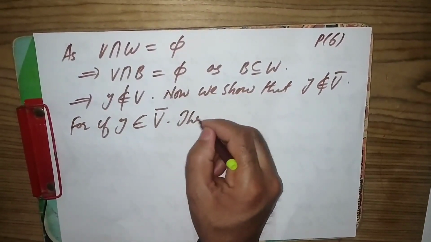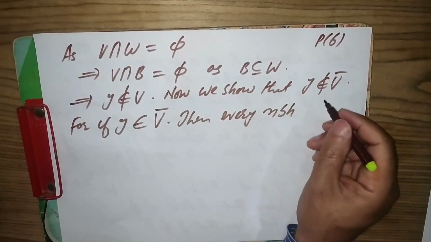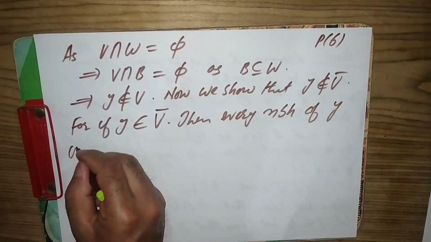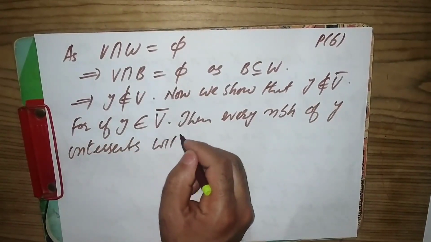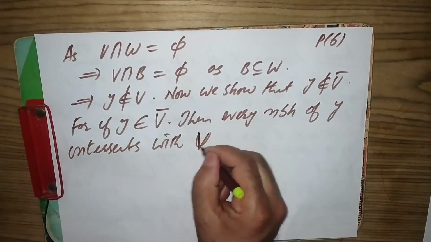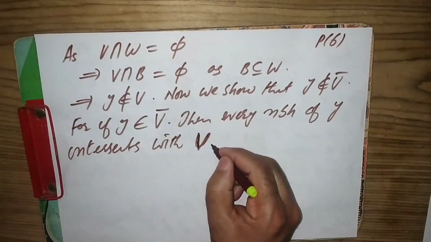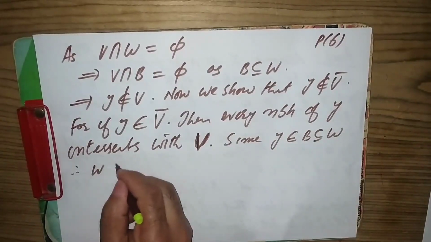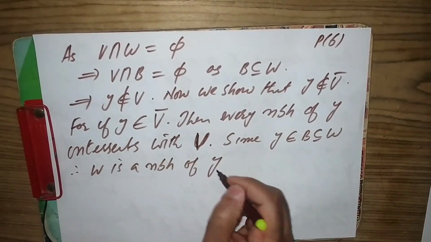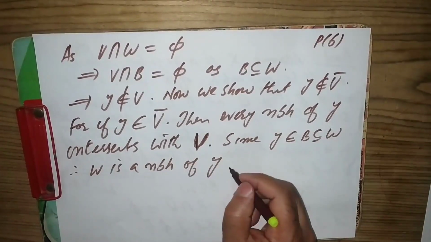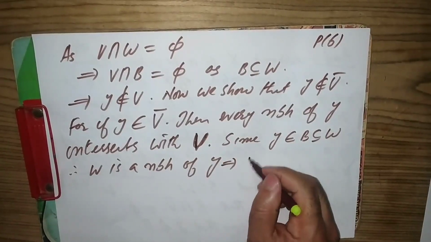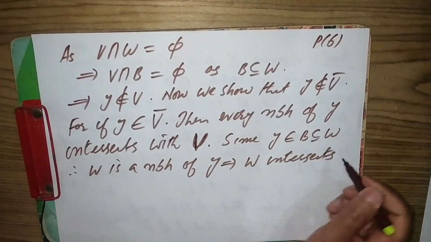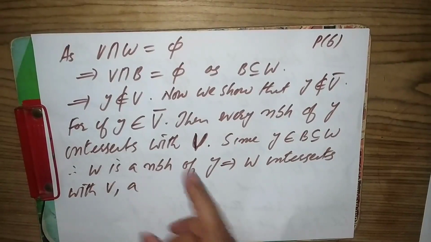Then every neighborhood of Y intersects with V. Since Y belongs to B and B is a subset of W, W is a neighborhood of Y. So this implies W intersects with V, a contradiction because V and W are disjoint.